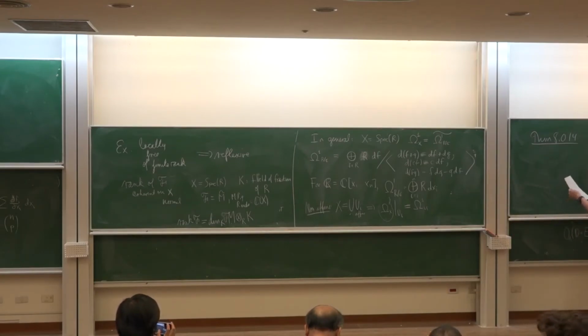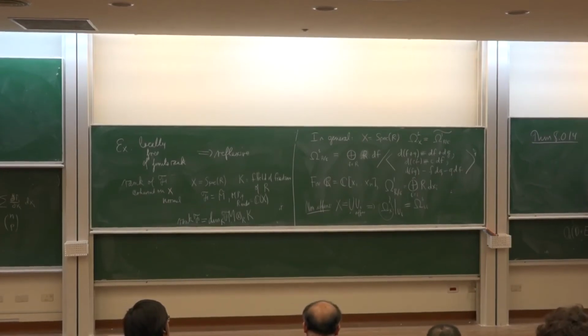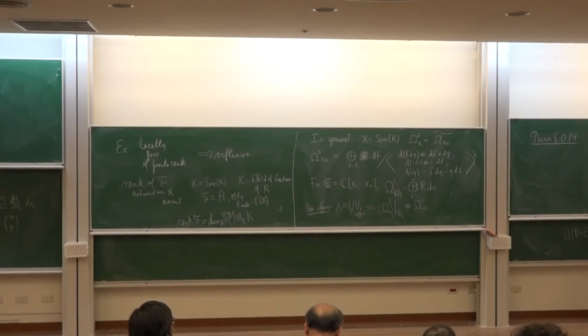And so the question is, in general, when is this locally free? And it turns out that that's if and only if X is smooth. So basically this guy is really nice in the smooth case. Beyond that, it's pretty nasty.